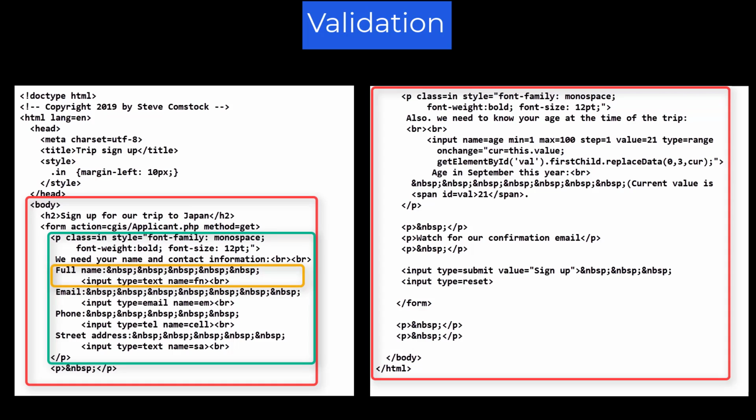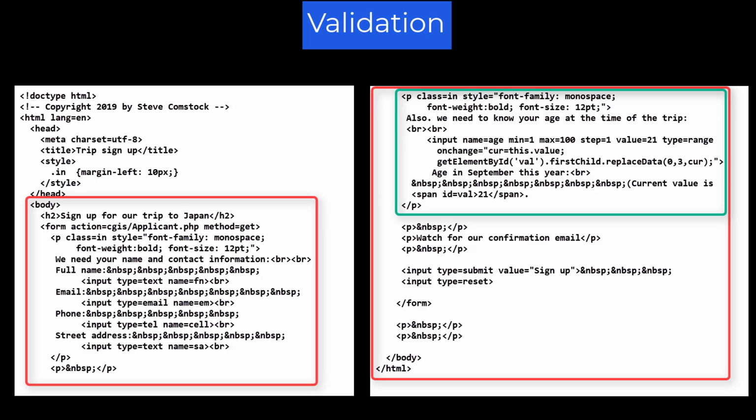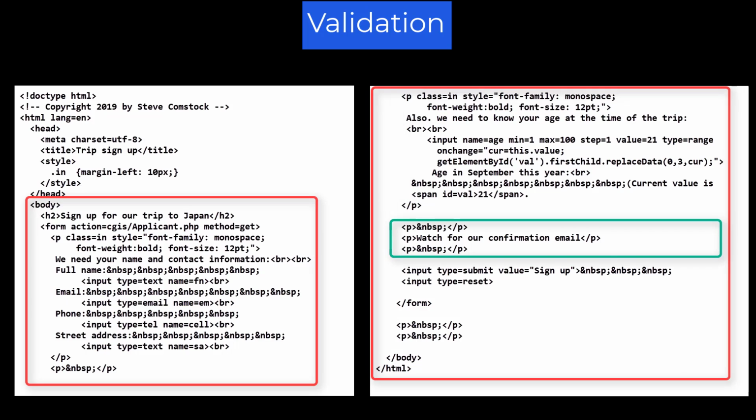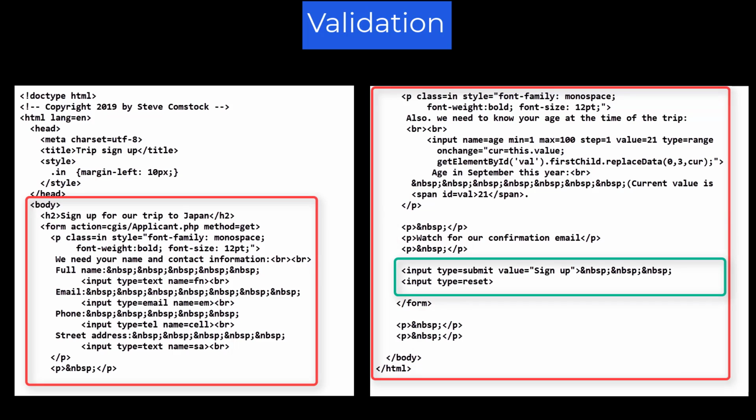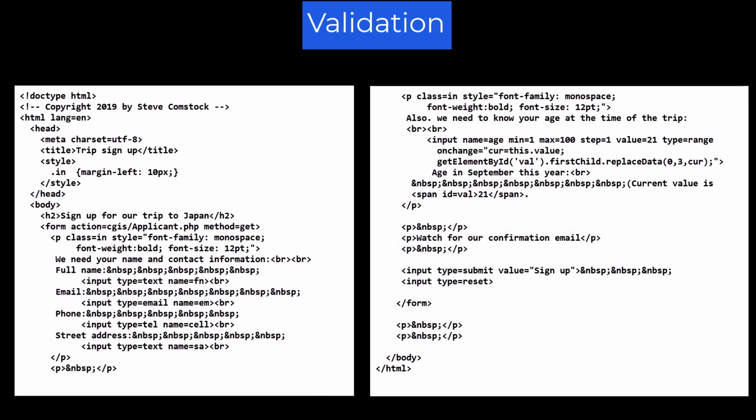We have a full name and an email and a phone and a street address. And then another paragraph where we're asking for their age at the time of the trip. And then the usual kinds of stuff, watch for our confirmation email, and then a submit button, sign up, or a reset button.